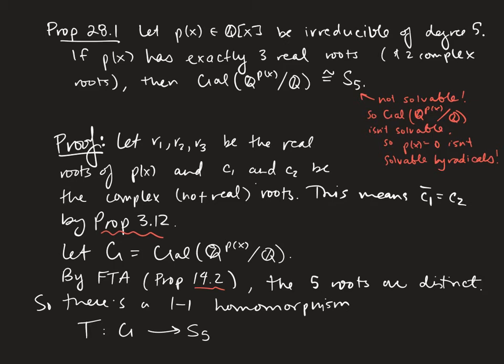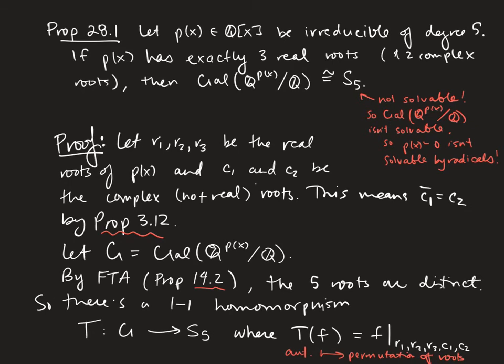And if you want to remember what T does, T takes an automorphism in the Galois group and sends it to the permutation it does to the roots. So it's f restricted to the roots R1, R2, R3, C1, and C2. So it takes an automorphism in our Galois group and sends it to a permutation of the roots.